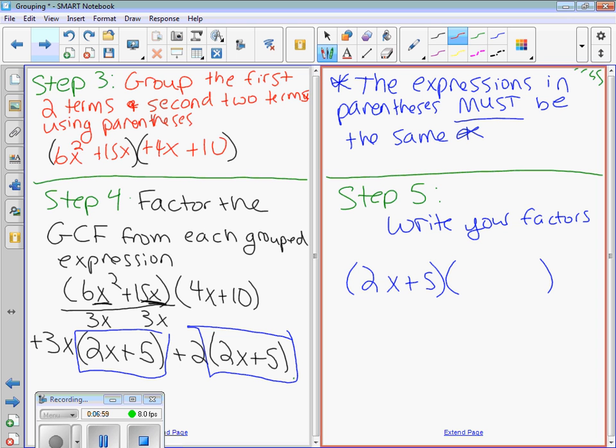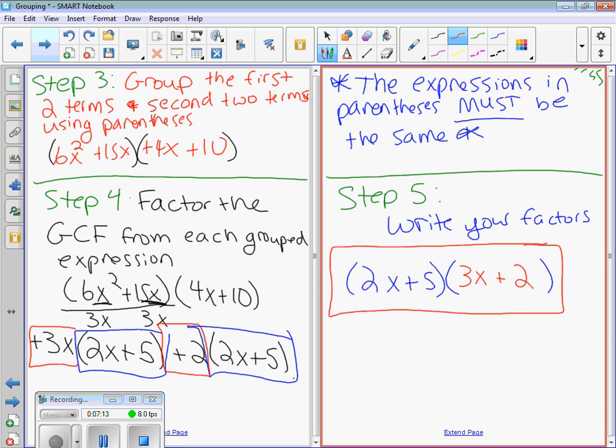The other factor are those two terms that are outside in no man's land: 3x plus 2. That is your answer. If you want to check, multiply it out, and you will get back to the exact same expression that we started off with.